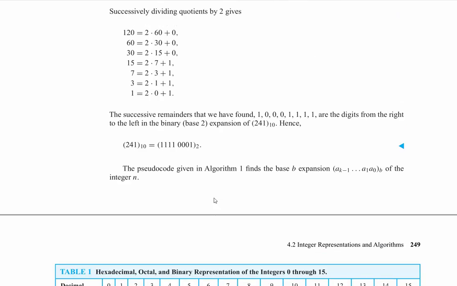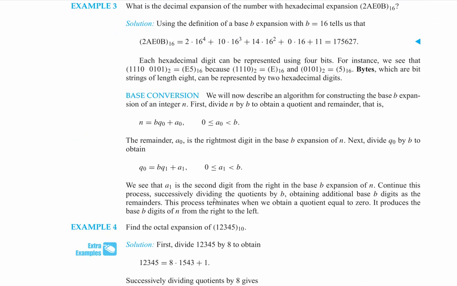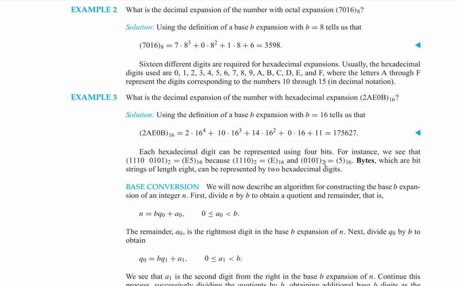Alright, so I did want to mention bytes. Bit strings of length 8 are called bytes. So this is an example of a byte here, and they have a nice representation as just a 2-digit hexadecimal number.